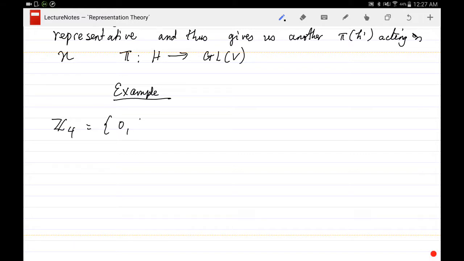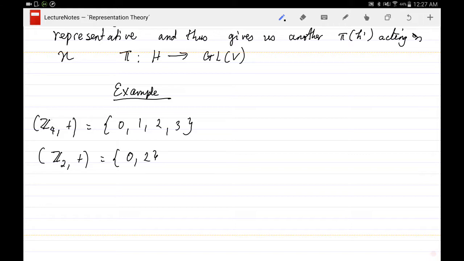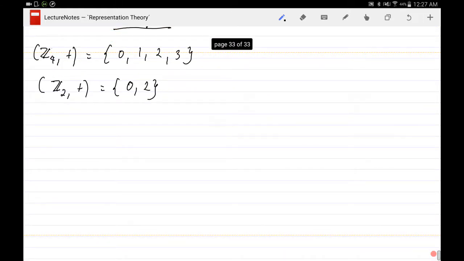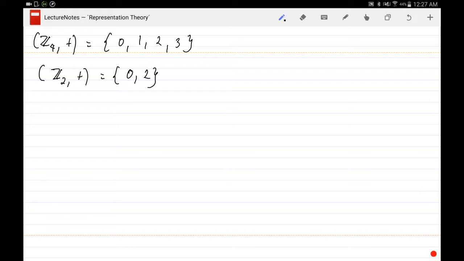So this is 0, 1, 2, 3, with addition. And I'll pick Z2, again with addition. Okay, so how do we create our induced representation?